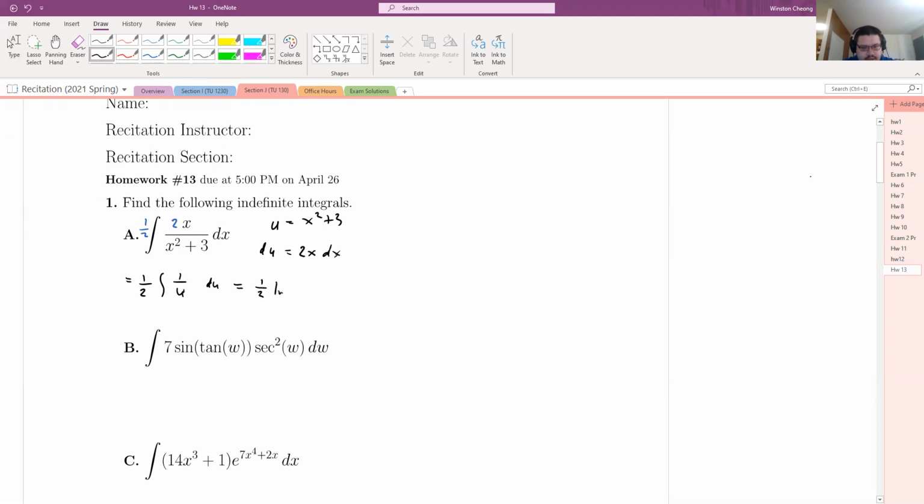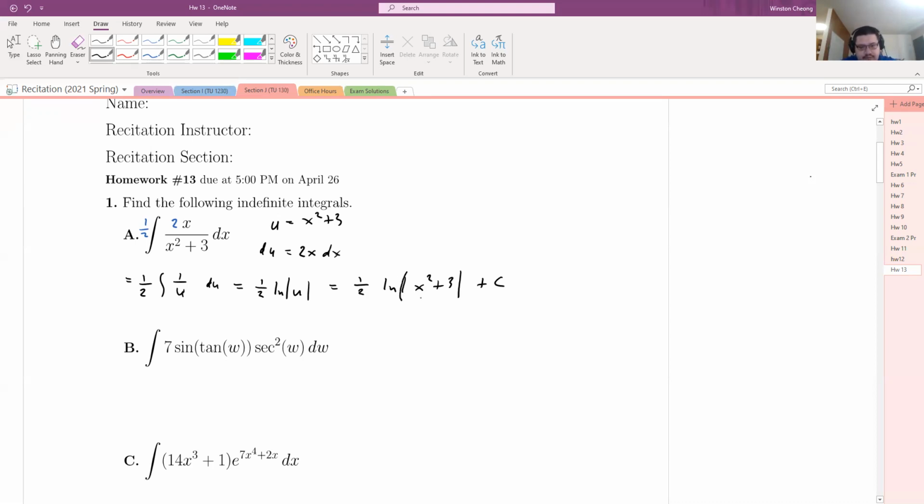So this is going to be ln of absolute value of u. And then you want to back substitute because the original problem is phrased in terms of x. So the answer should be phrased in terms of x. So you would get ln of absolute value of x squared plus 3. And then you would have a plus c at the end.